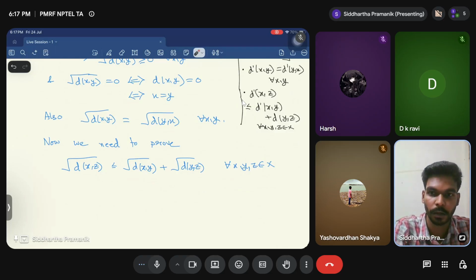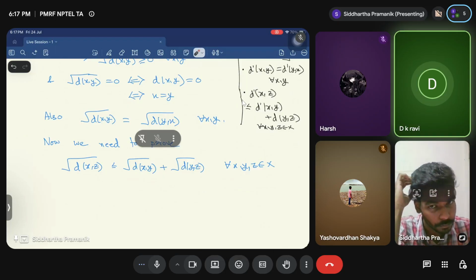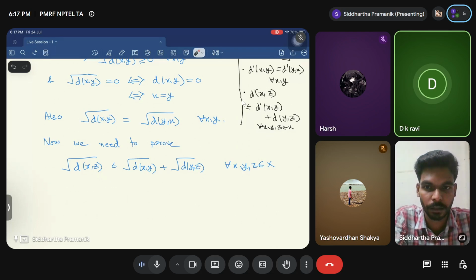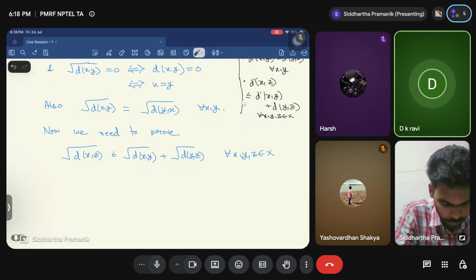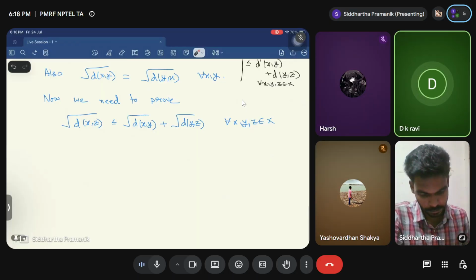Sorry, have you given any answer? I am not able to hear you. Since d is a metric, it is already given, we can directly take the triangle inequality and apply the square root.